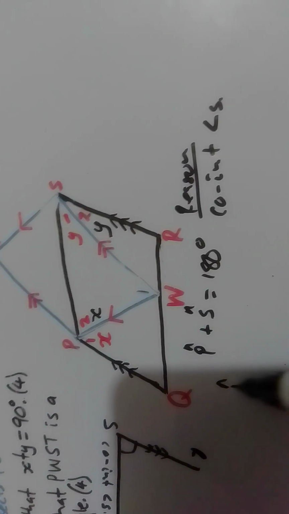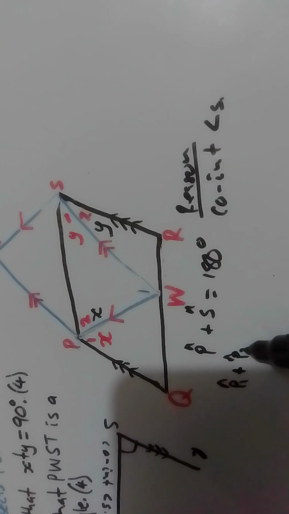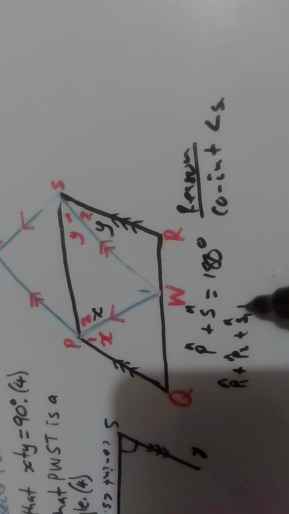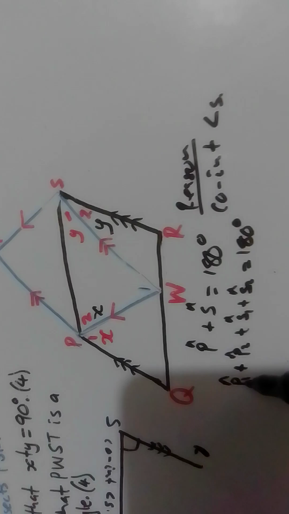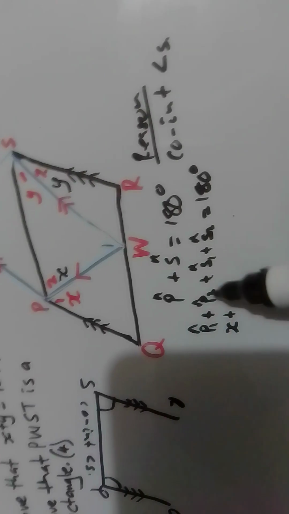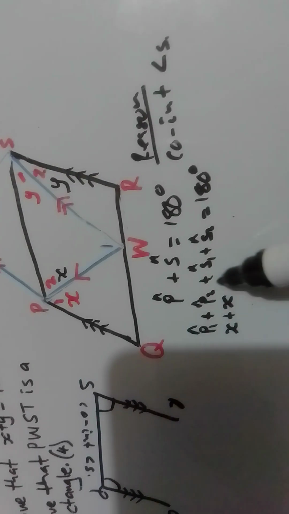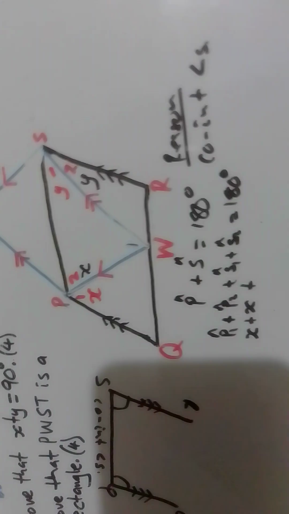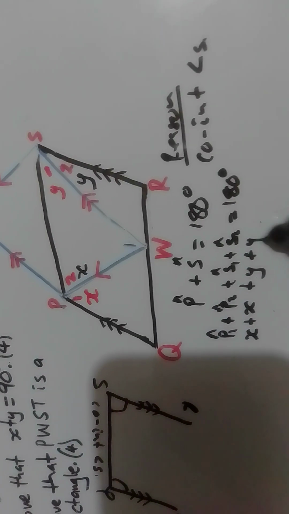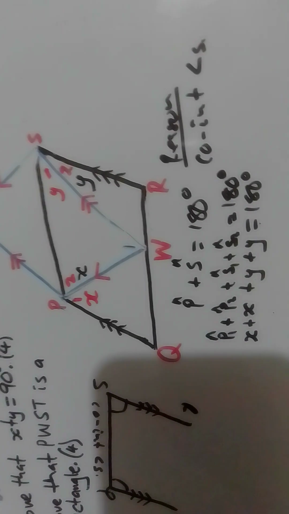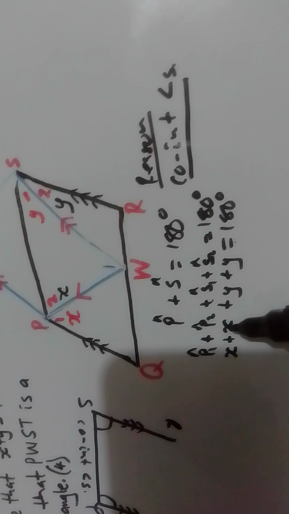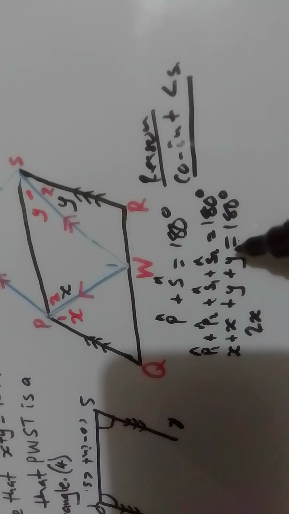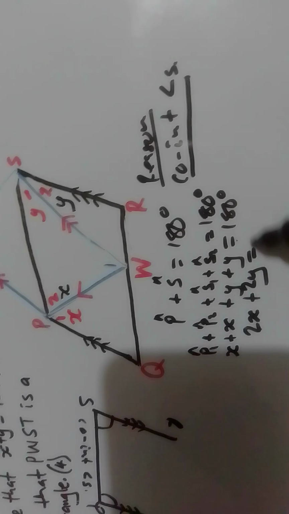I should have said angle P1 plus angle P2 plus angle S1 plus angle S2 is equal to 180 degrees. Where there's angle P1, I'm going to write X. Where there's angle P2, another X, plus angle S1, Y, plus angle S2, which is also another Y, is equal to 180 degrees. I no longer have to write the reason because I wrote it here, co-interior angles. Then X plus X is equal to 2X, and Y plus Y is equal to 2Y, which is equal to 180 degrees.